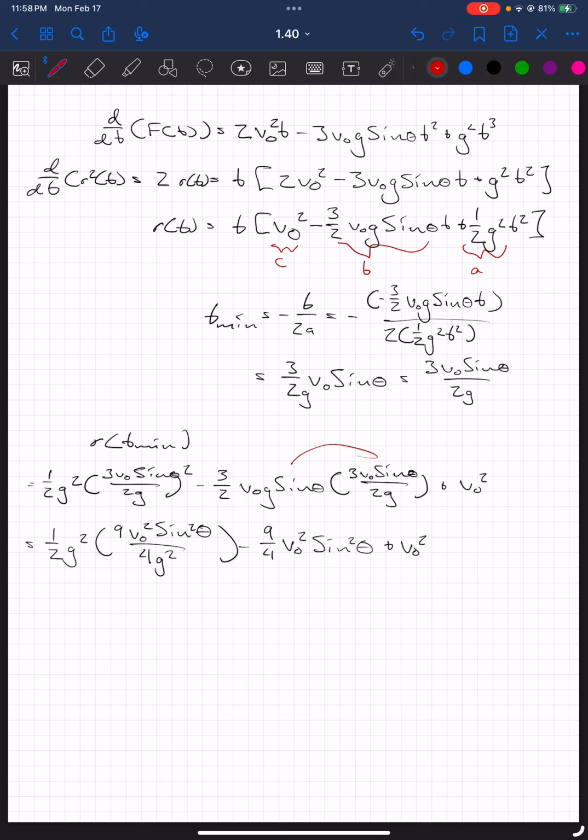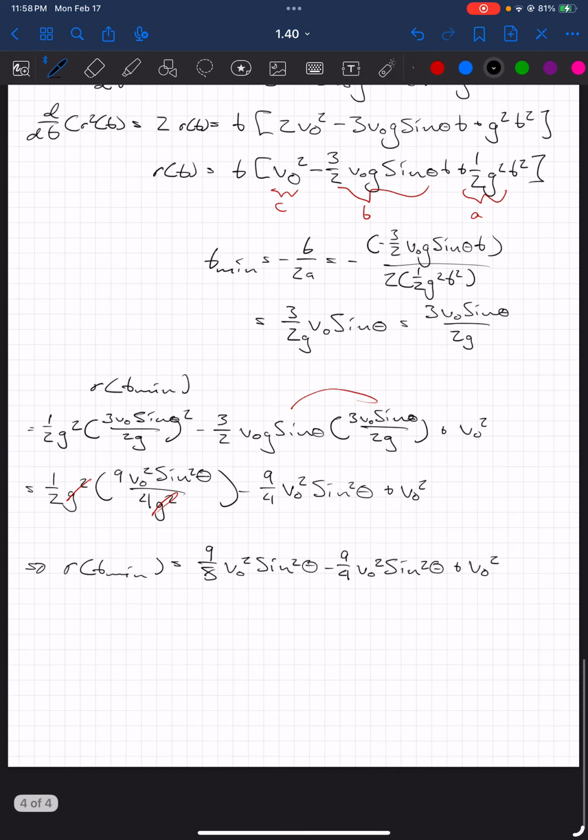If you cancel out the g squared here and multiply it out a little bit more, we'll see that r of t min is equal to 9/8 v naught squared sine squared theta minus 9/4 v naught squared sine squared theta plus v naught squared.